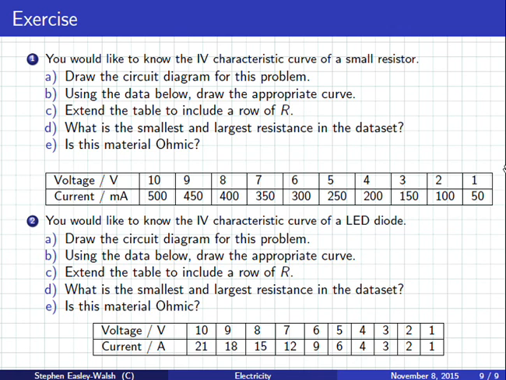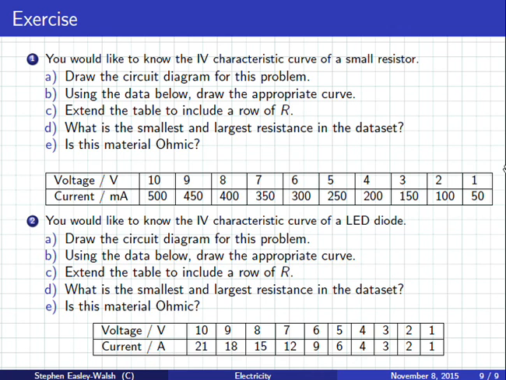For most materials, you get a straight line. And when you get a straight line, what do you have for the resistance? It's constant. Okay? So do you remember the example I did at the start where I got a perfect straight line? The resistance is constant for this line. Here the resistance is not constant.